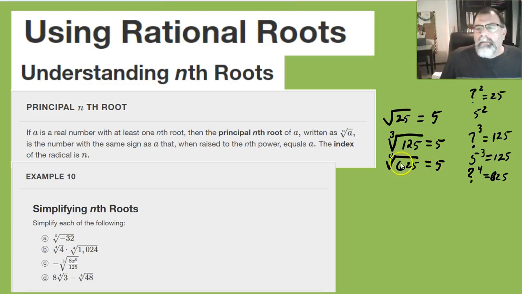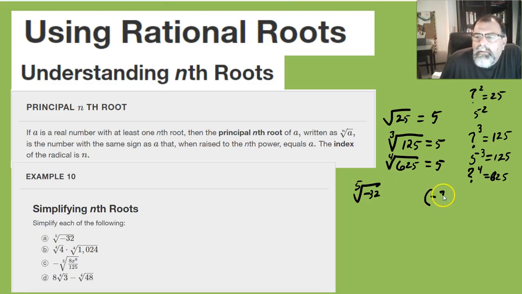All right? So that's called the index. If there's nothing written here, it's a square root, so the index would be 2. So 3, 4, you can go 5, 6, 7, and so on. Okay, so the fifth root of negative 32, you're saying what, and we know it's going to be negative because a negative to the fifth power is negative.